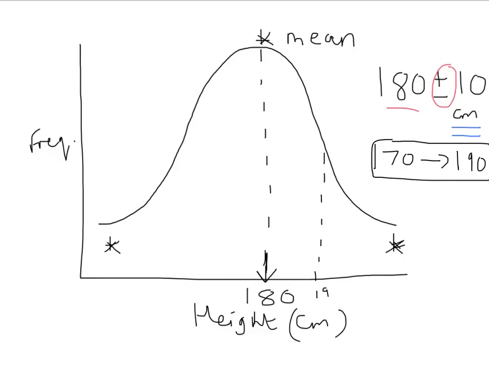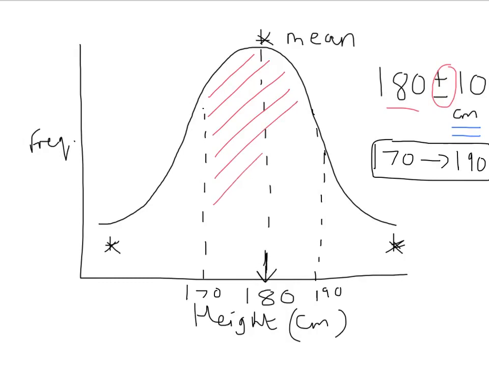So let's put this as 190. And if we put 170 on and draw a line, then we get, and it's not the most accurate drawing, but we get this area here under the curve.